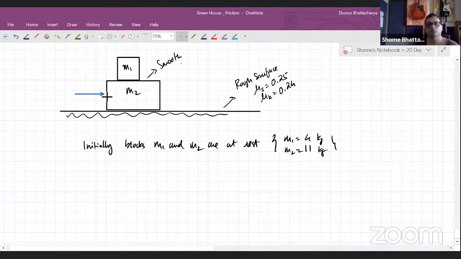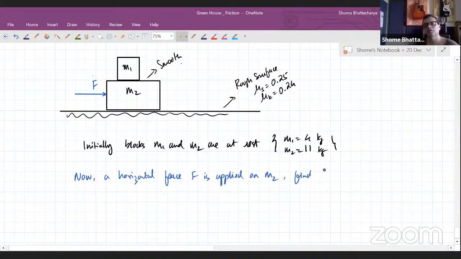Now we start pushing this with a horizontal force F applied on M2. So now a horizontal force F is applied on M2.